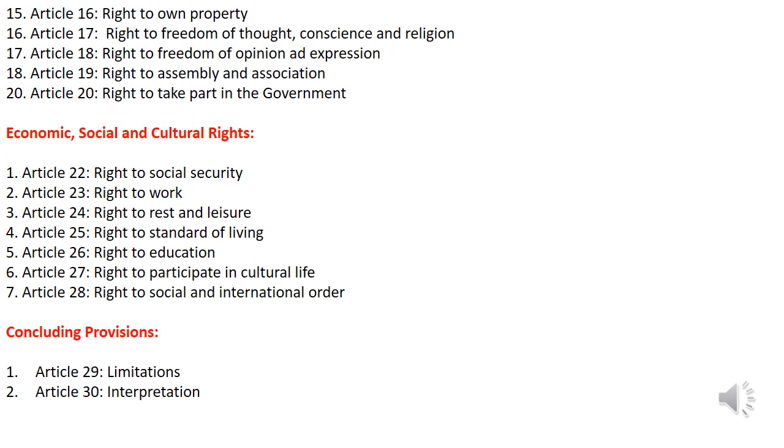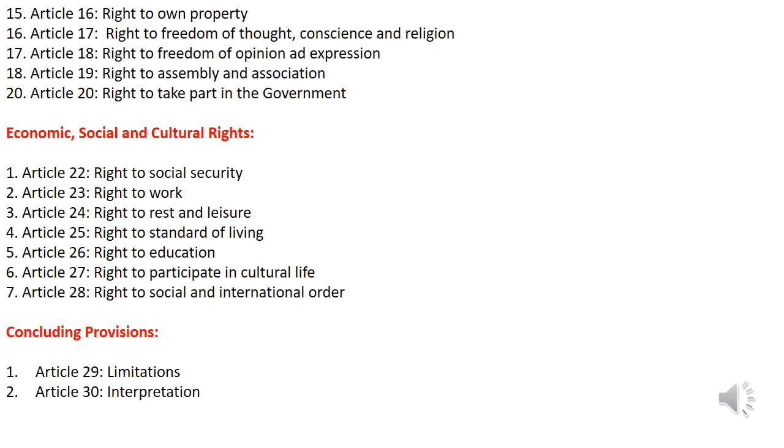Article 29 gives us the limitations of this declaration. There are certain limitations to these rights and freedoms, providing that everyone has duties to the community, in which alone the free and full development of his personality is possible.